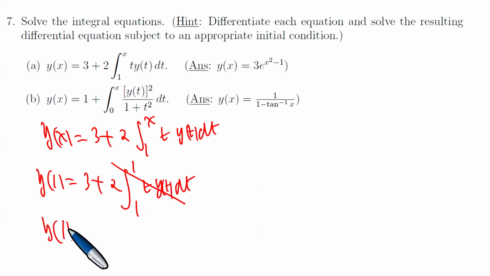And then y of 1 is going to become 3, which is an initial value. We don't even need to calculate this integral because it's from 1 to 1, so it's automatically 0. You know? So think about it.